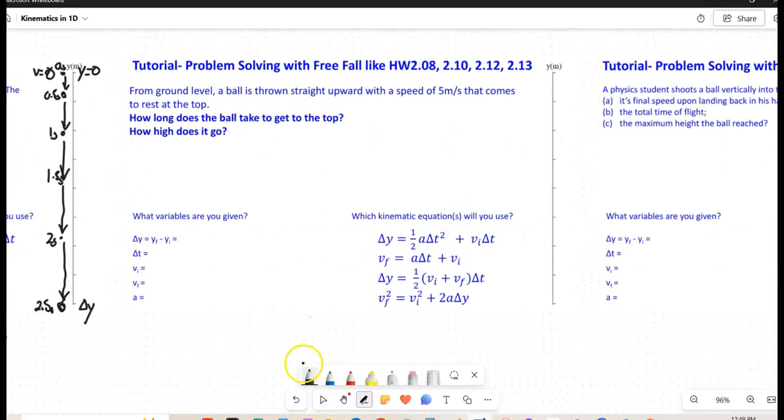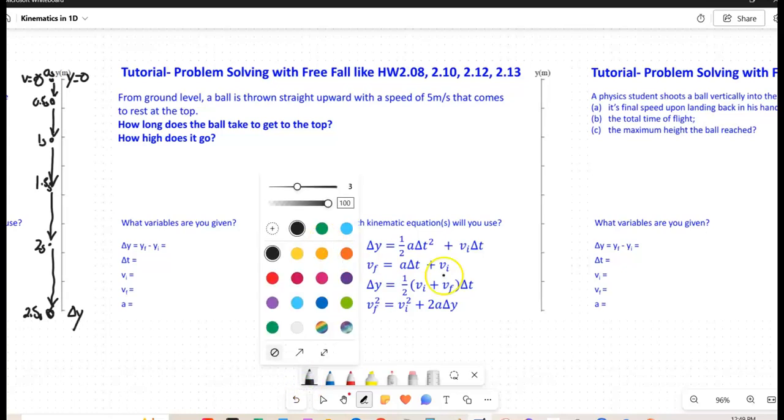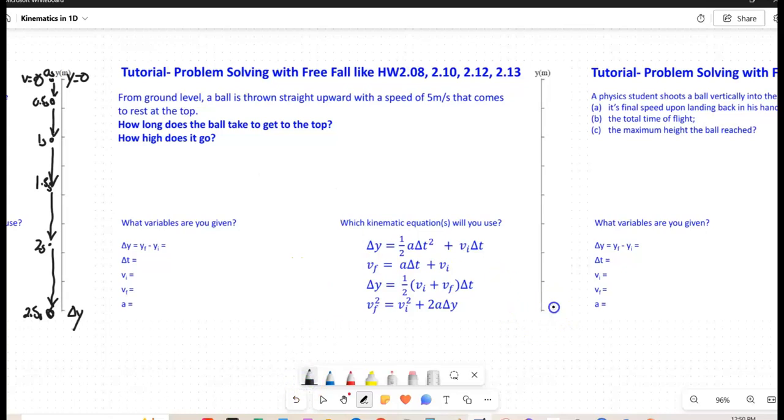Okay? So again, start off, write your 4 equations, write your 5 variables in the y direction, since this is free fall. From the ground level, a ball is thrown straight upwards. So ground level meaning your position is 0 here, so you're standing on the ground. You're throwing a ball straight upwards at 5 meters per second.